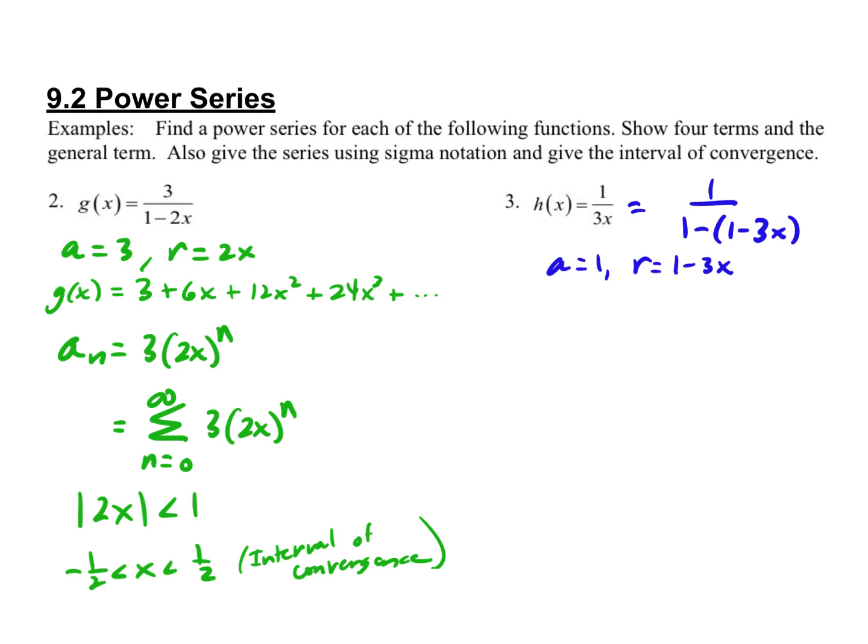And so now we can do the same thing. If my first term is 1, this is h of x. So that's 1. Then to get my next term, I have to multiply that by 1 minus 3x. So this is plus, and I'm going to put it in parentheses, because now I'm going to multiply that by 1 minus 3x again.